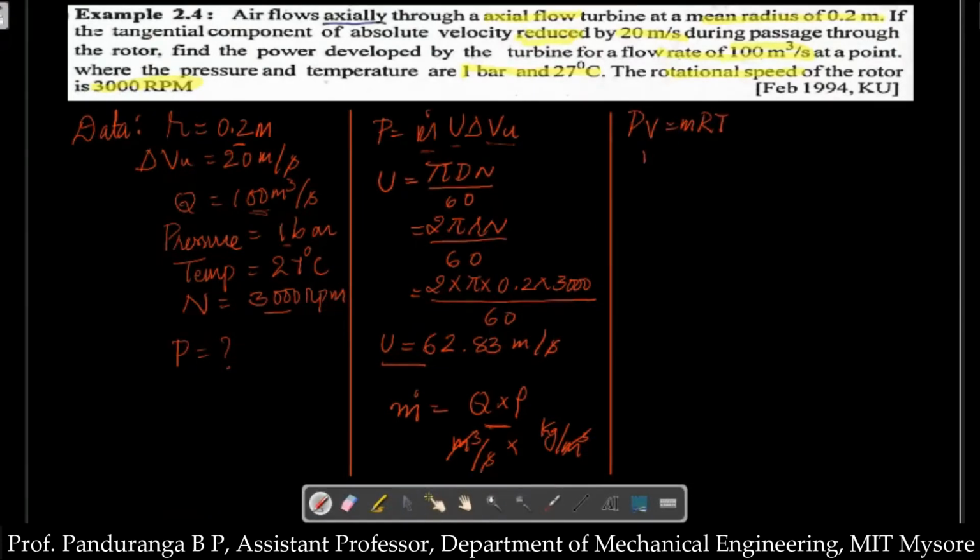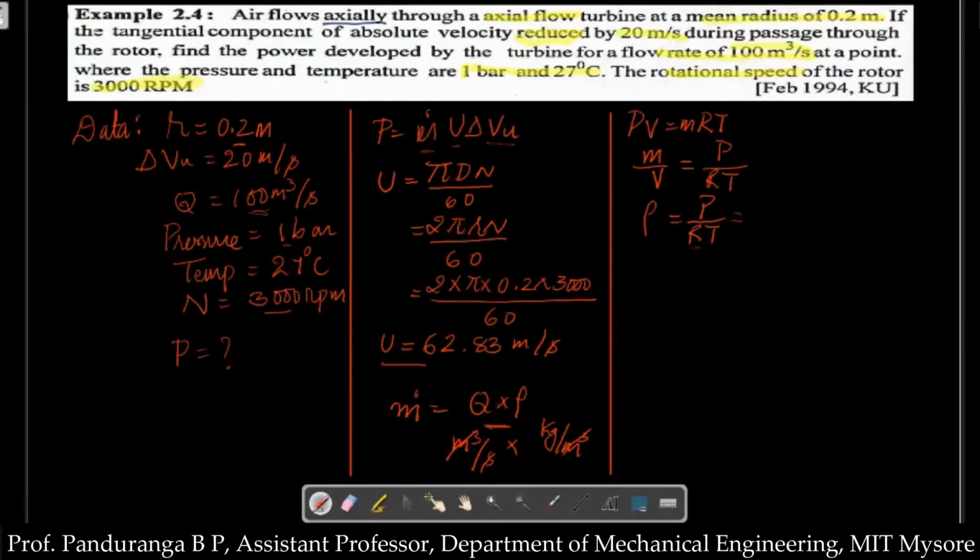Density is mass divided by volume. Mass divided by volume will be equal to P divided by R into T. Our rho will be equal to P divided by R into T, where P should be in Newton per meter square or Pascal, and T should be in Kelvin. And what is R? For air, R is 287.